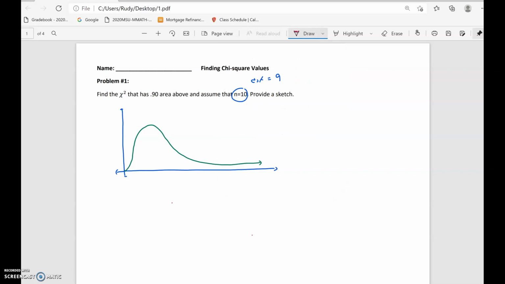Since it has 0.90 area above it, I'm just going to place it here. So this chi-square value is going to have 0.90 here.